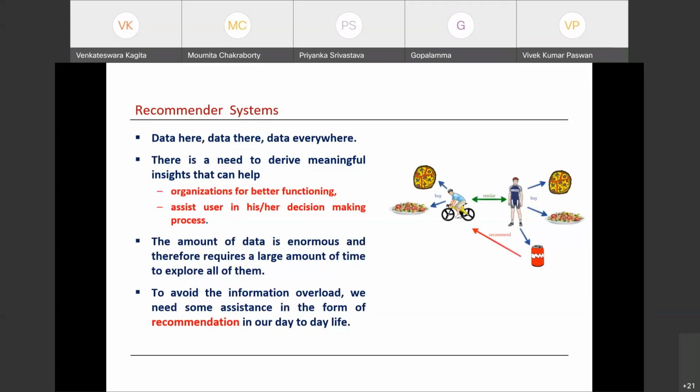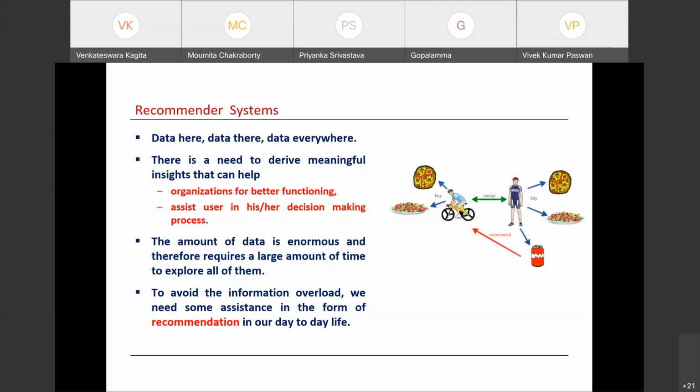And to assist users in the decision making process, to improve the quality of the decisions that the user makes, right? And the amount of data that we have is enormous, and a large amount of data leads to the information overload problem. So there is a need for some assistance in the form of recommendation in our day-to-day life.